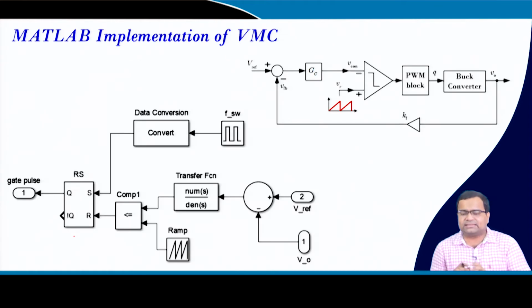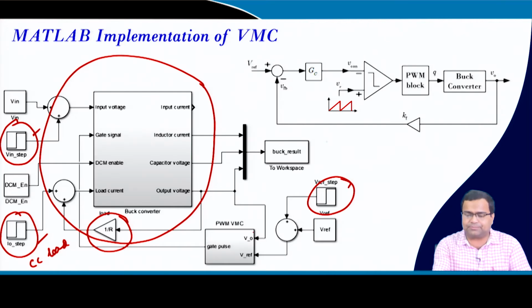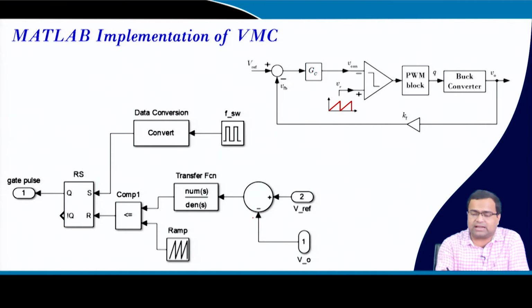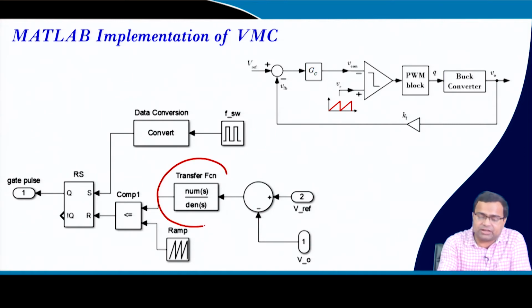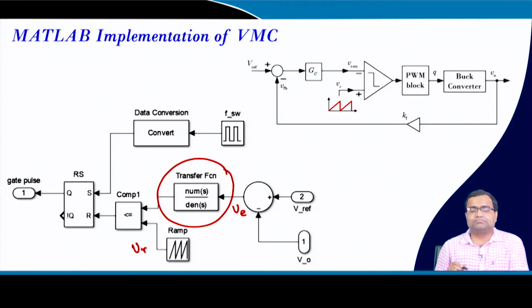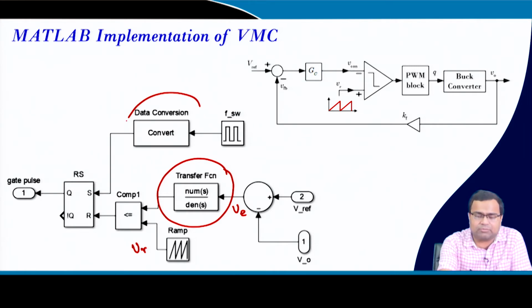If we go inside this block, this is our controller, and here is my transfer function, this is my error voltage, okay, and this is my sawtooth waveform, my ramp signal.